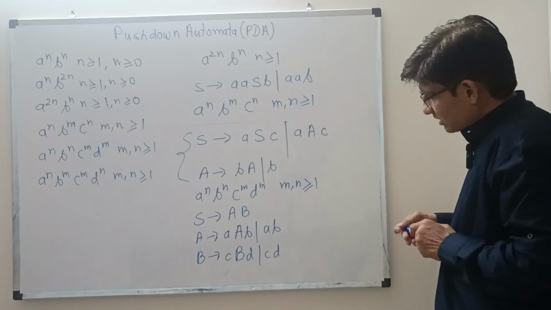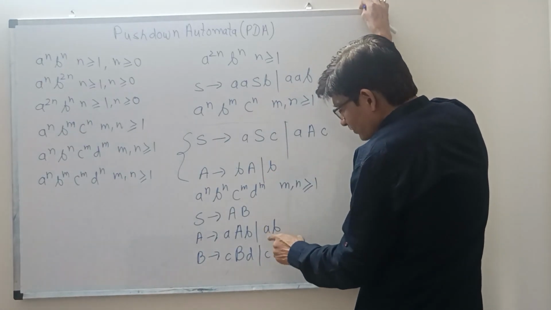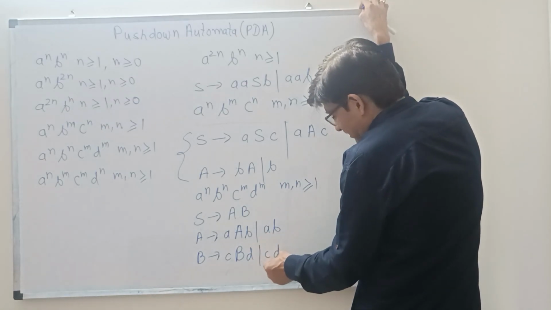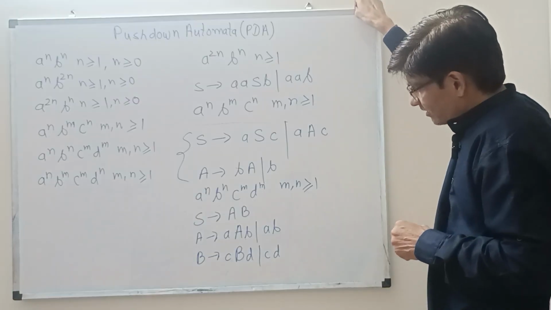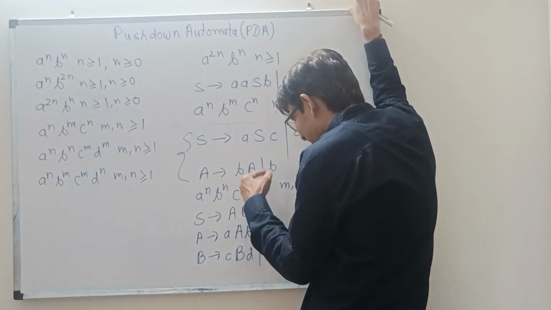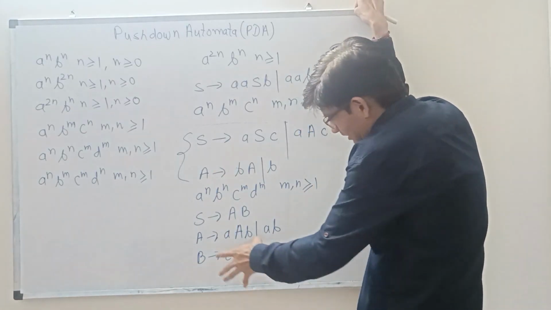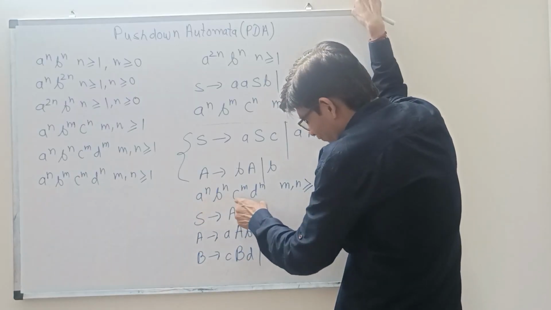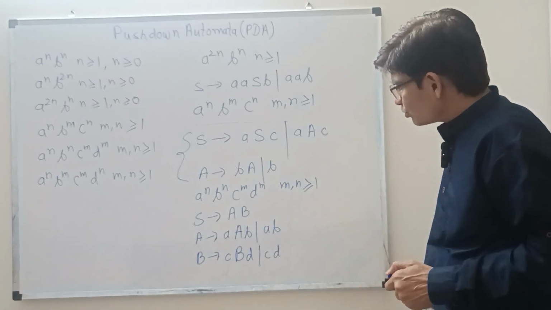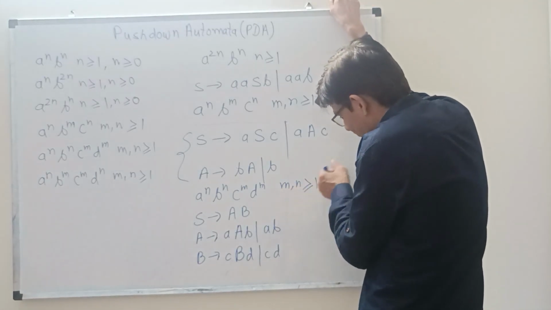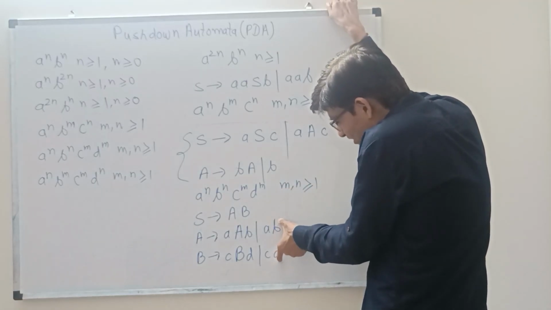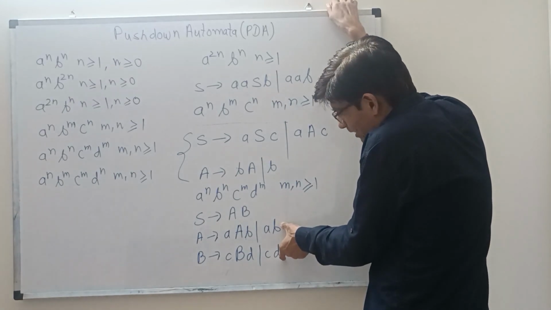So this production will ensure at least one occurrence of a and b, and this production will ensure at least one occurrence of c and d, and this production will ensure a, b and c, d are side by side. So this is how you can create the grammar for this particular language. So I hope it would be very much clear. Now you can have different conditions for m and n. Suppose both are greater than or equal to 0. So both these productions will be converted into epsilon.